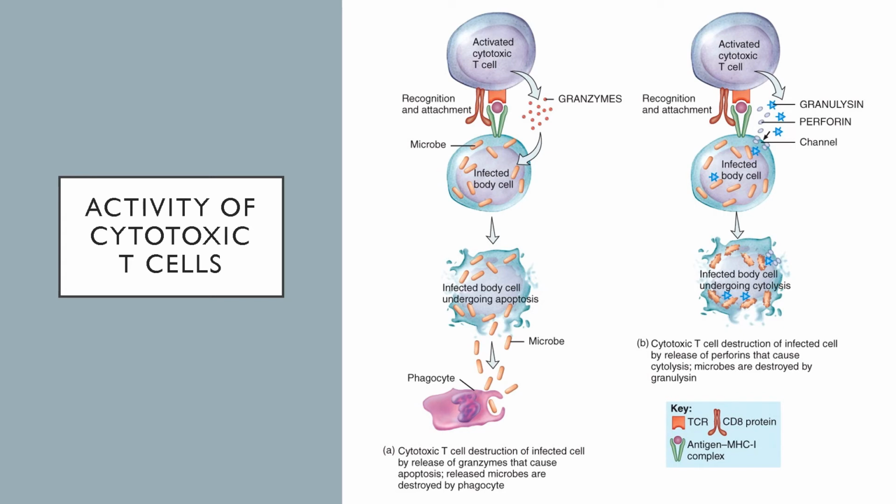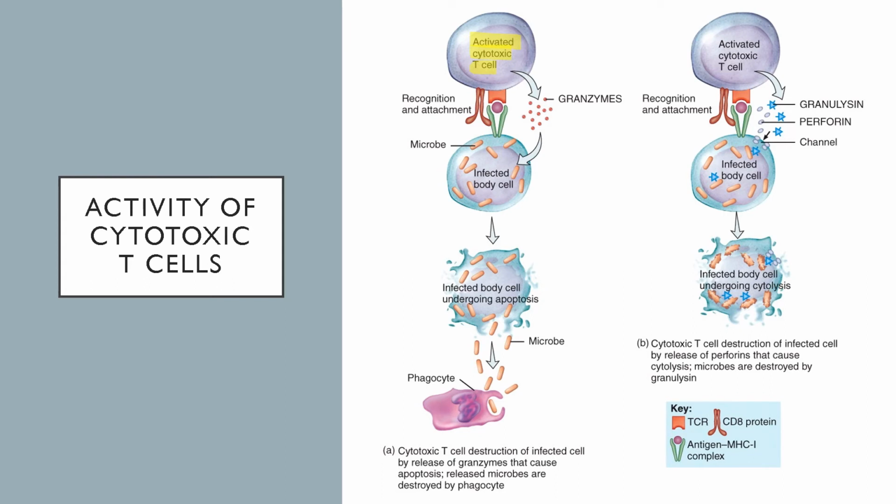So cytotoxic T cells have two principal mechanisms for killing infected target cells. Our first one is here on the left. This is where the activated cytotoxic T cells, using receptors on their surfaces, will recognize and bind to infected target cells that have these microbial antigens displayed on their surface.